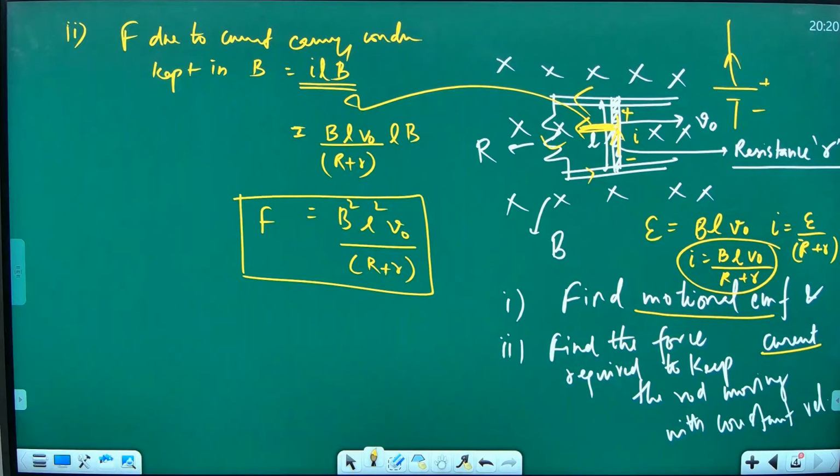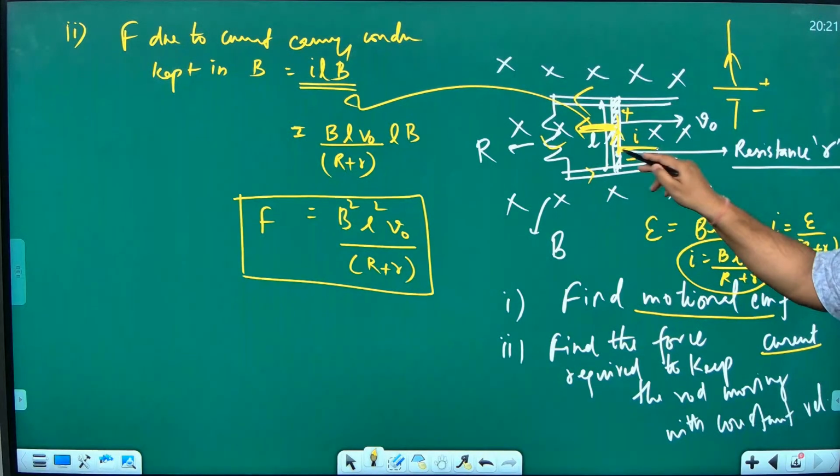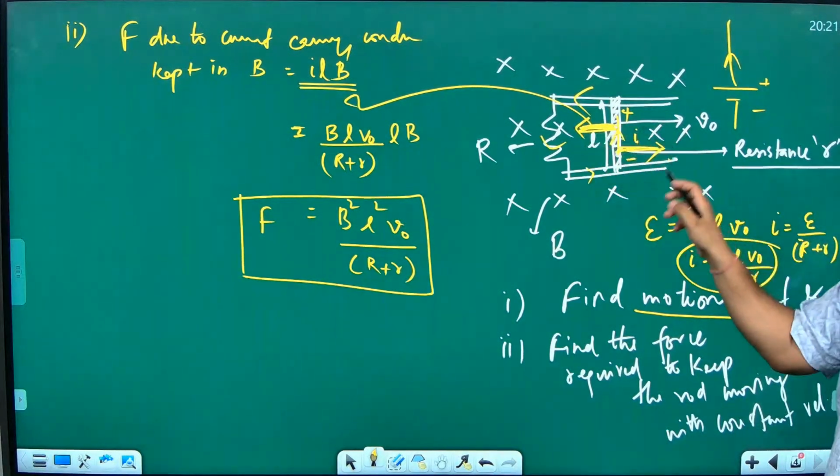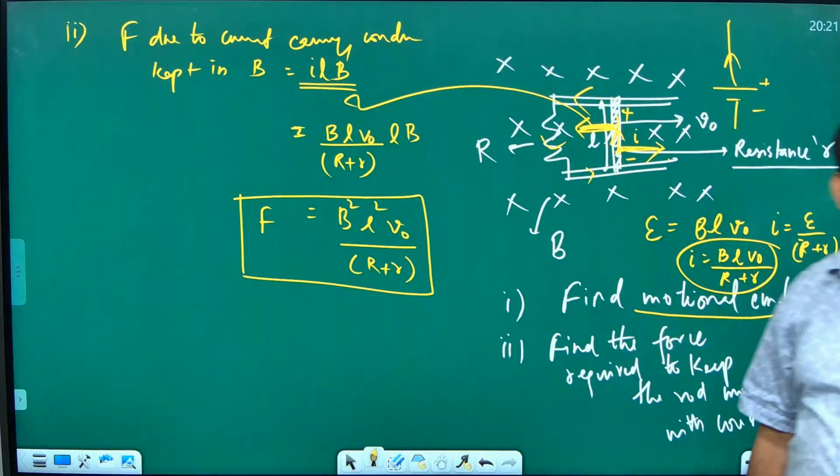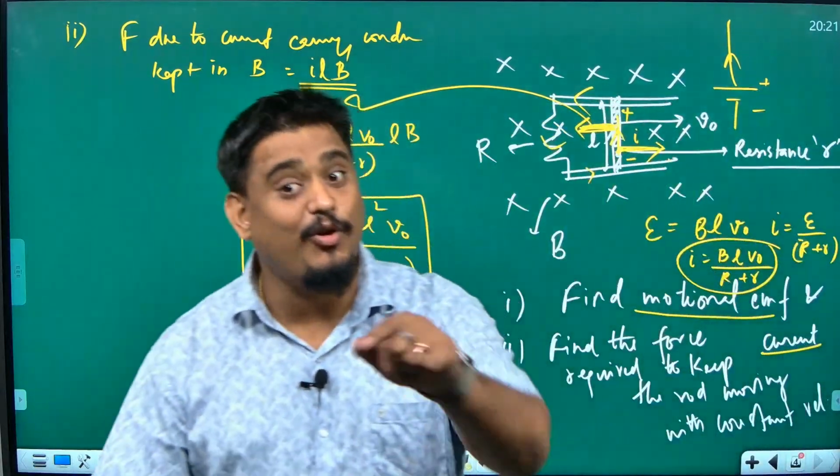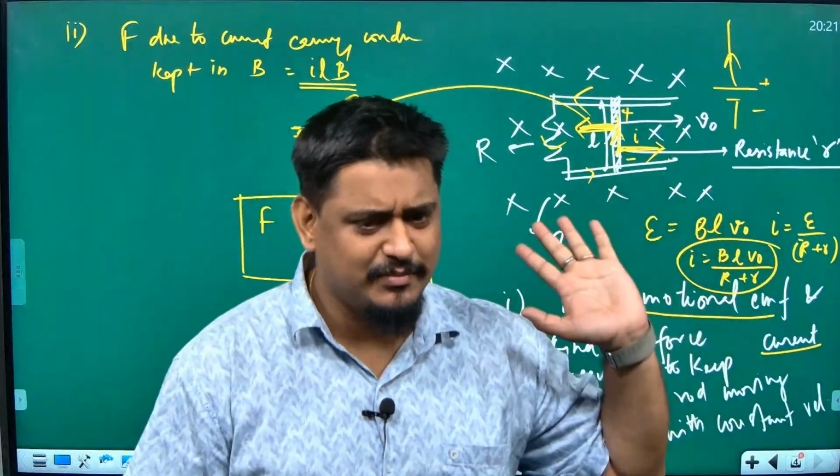It is decelerating it, trying to stop it. What is the question asking? Find the force required to keep the rod moving with a constant velocity. It means the same force you will apply in this direction to make sure the two cancel each other and the rod keeps moving with the same velocity, right? This is the concept. The answer is the same.